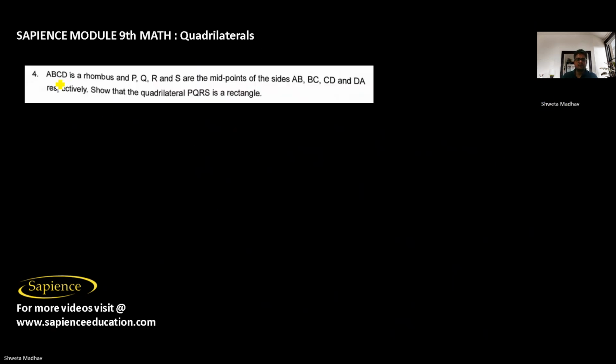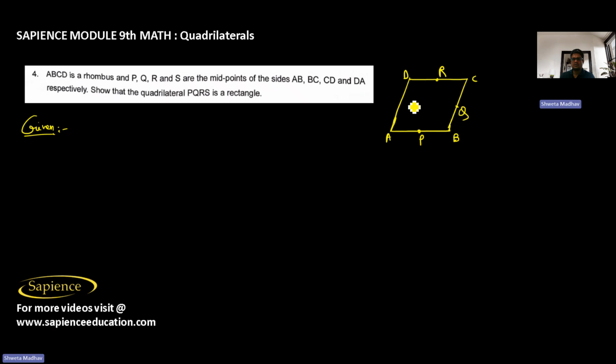Then question number 4 says ABCD is a rhombus and P, Q, R, and S are the midpoints of the sides, so that the quadrilateral PQRS is a rectangle. We can draw a rhombus ABCD with P, Q, R, S as the midpoints of the sides, and we have to prove that PQRS is a rectangle.